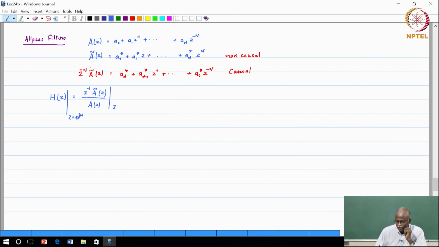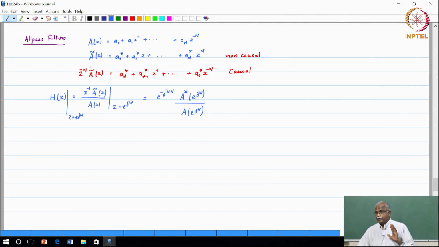So, this evaluated at z equal to e^{jω}, this comes out to be e power minus jωn. A tilde is nothing but A conjugate e^{jω}, denominator is A e^{jω}. Okay. Take the magnitude, equal to 1. So, this is the general form of an all pass filter.